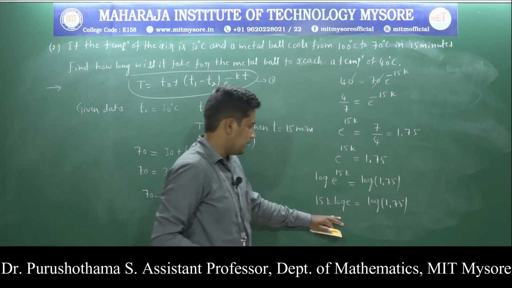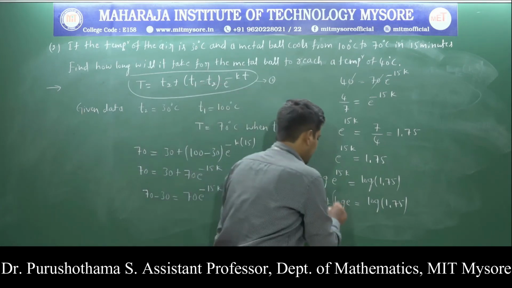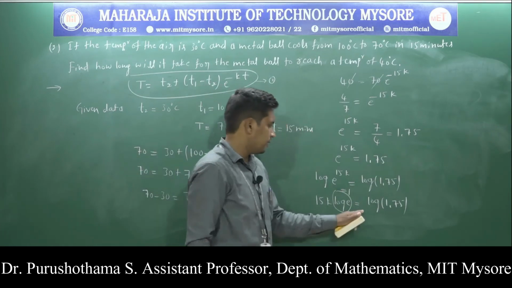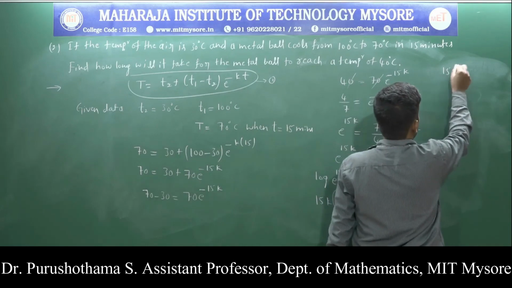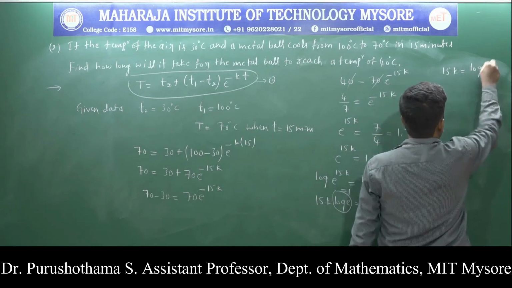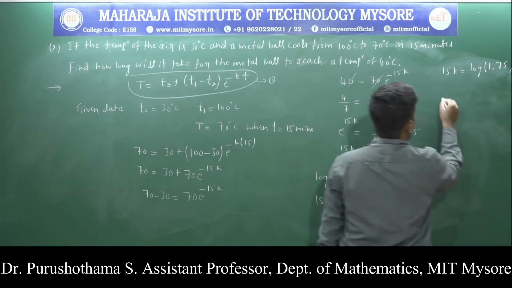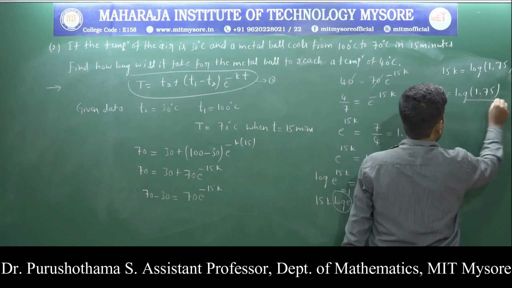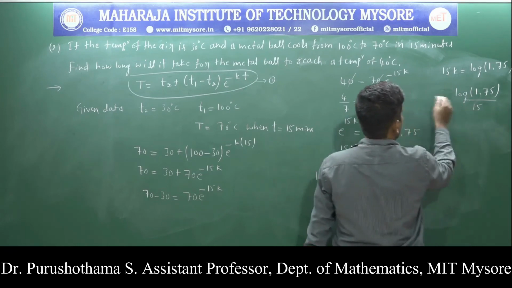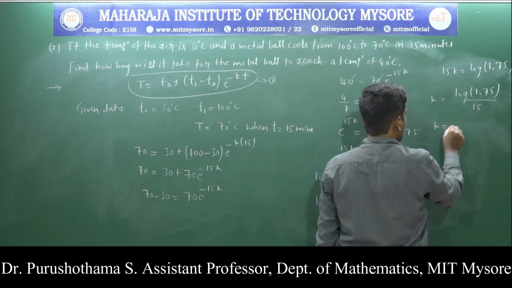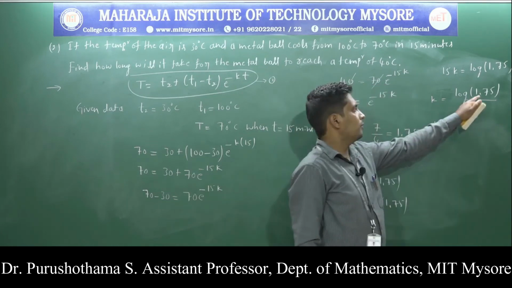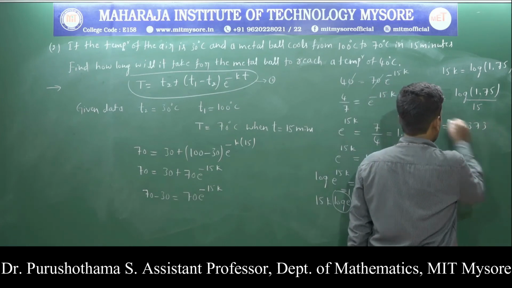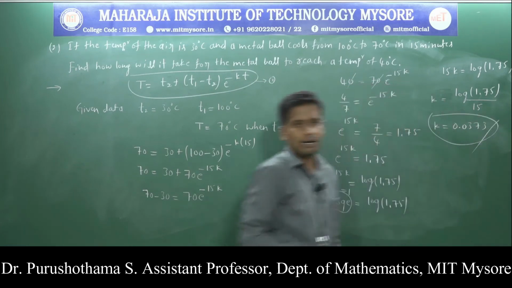The value of log e is 1, so 15k is equal to log of 1.75, and k is equal to log of 1.75 divided by 15. Using a calculator, this is 0.0373. This is the proportionality constant value.